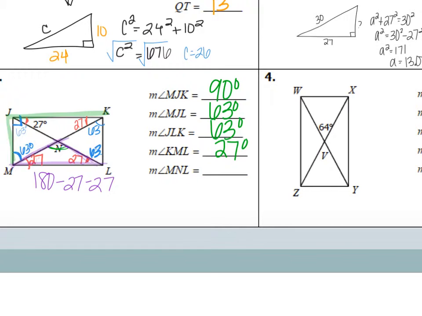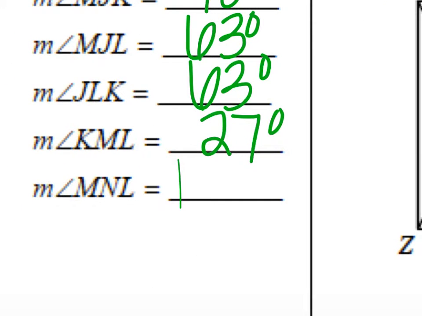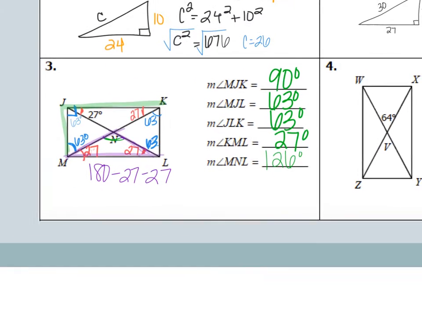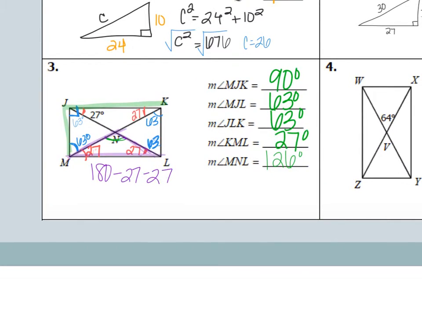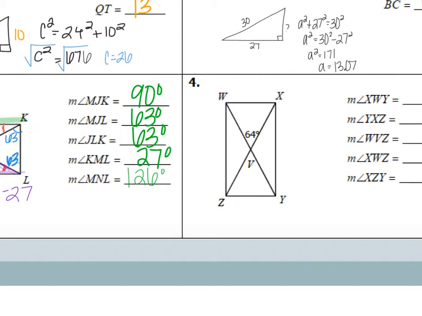Okay, so 180 minus 27 minus 27, 126. 126 degrees.